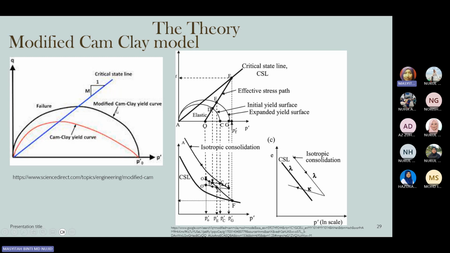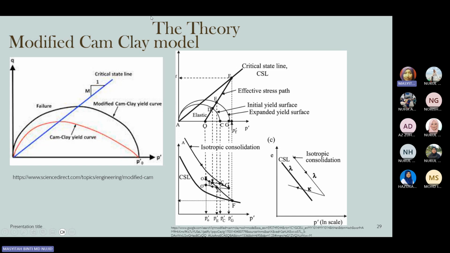And how do we get the failure of the soil? When you have the maximum shear stress or maximum deviatoric stress of the sample, the line tangent to the maximum deviatoric stress is the critical state line. So M is the slope of the critical state line.